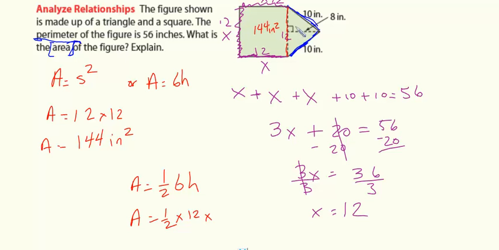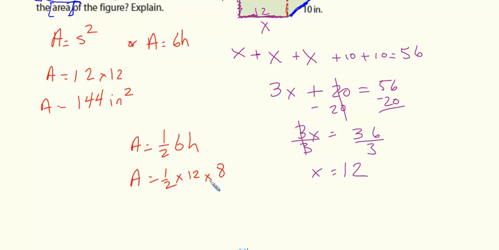Now the height will be a straight line, so it is this dotted line right here. It's 8 inches. So I have 1/2 times 12 times 8. Half of 12 gives me 6. 6 times 8 is 48. So I have 48 inches squared.